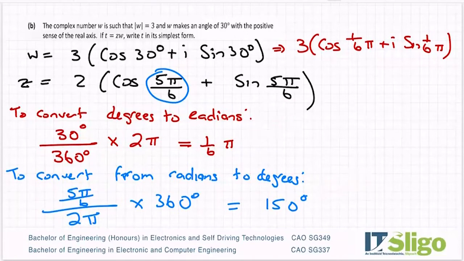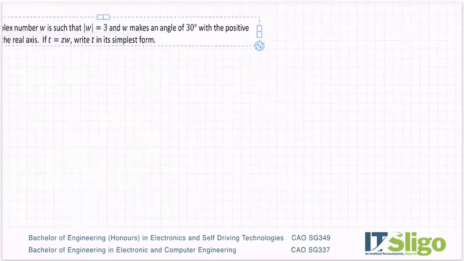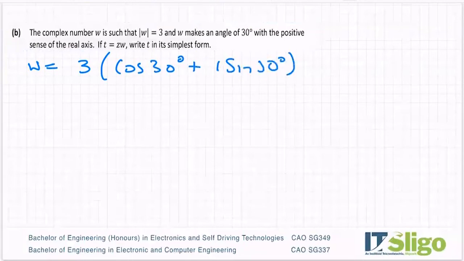Okay, was there another way to do this question? Absolutely there was, and some of you may have done it. Nothing wrong with taking W being equal to 3 cos 30 degrees plus i sine 30 degrees, converting that to rectangular form, 3 cos 30. So that's 3 root 3 over 2 plus i 3 sine 30 degrees, which is 3 over 2i.